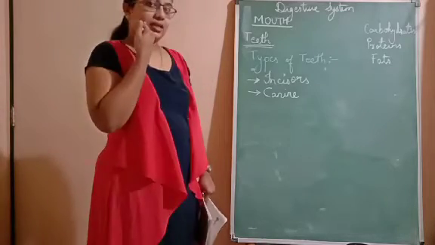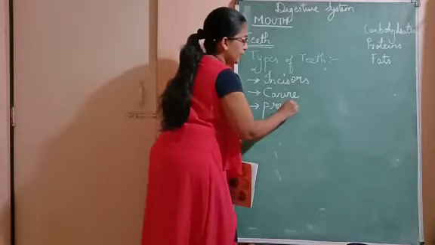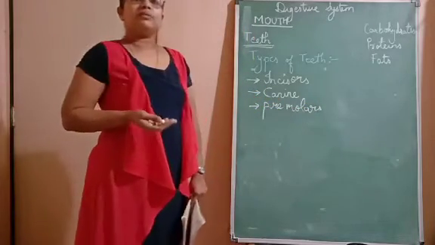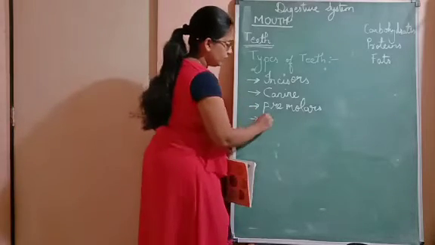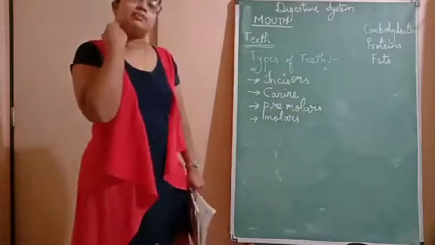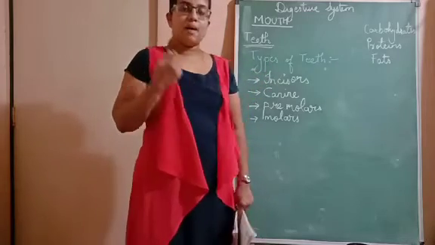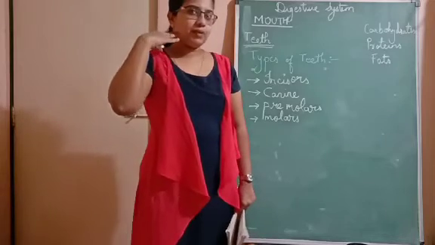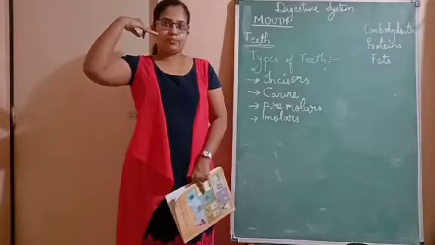Behind the canine, the next part, we have something called premolars. As the term suggests, premolars means the ones which come before the molars. And after premolars, we have the molars, which are the teeth present exactly at the back. Now premolars and molars, both, if you feel them with your tongue, have a flat top surface.